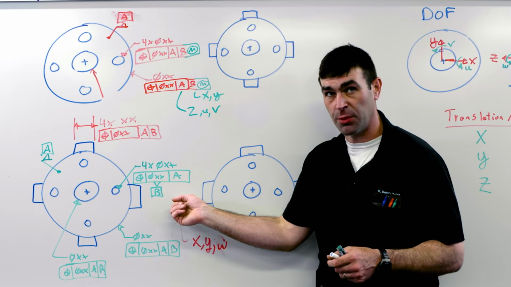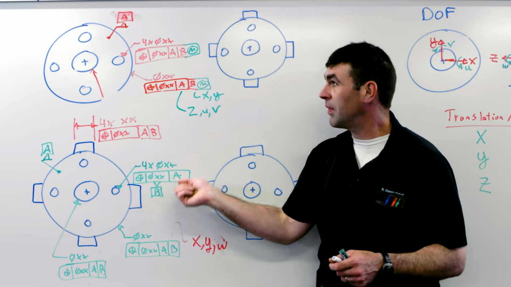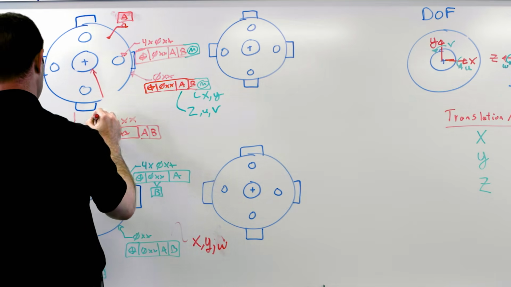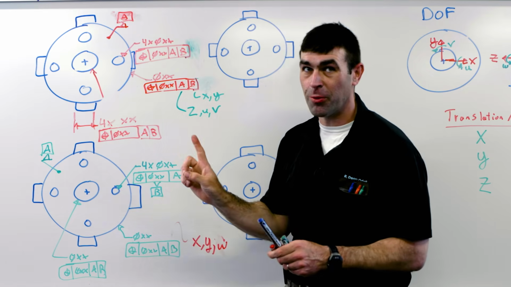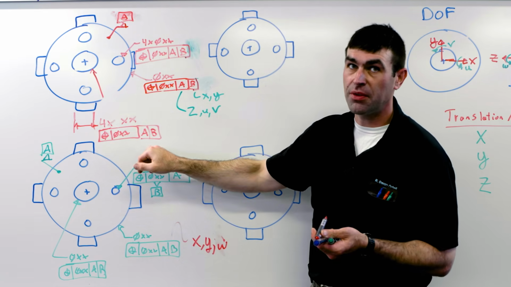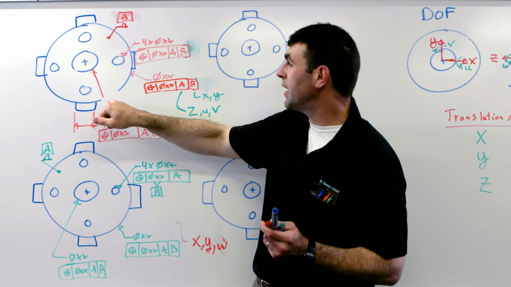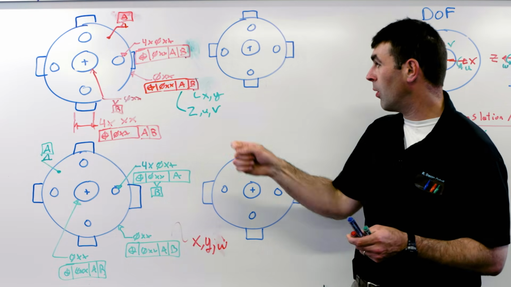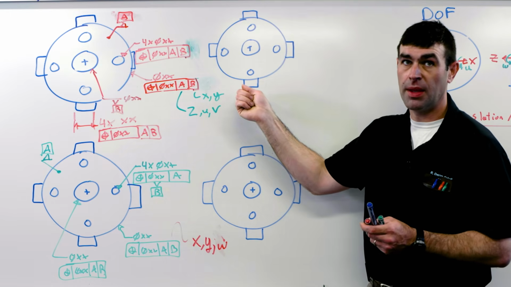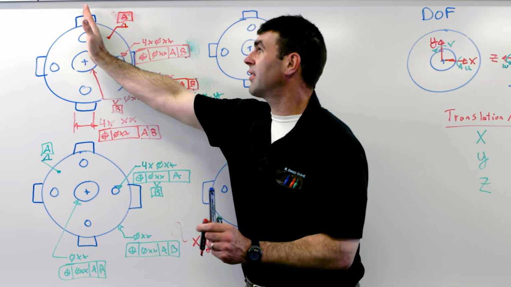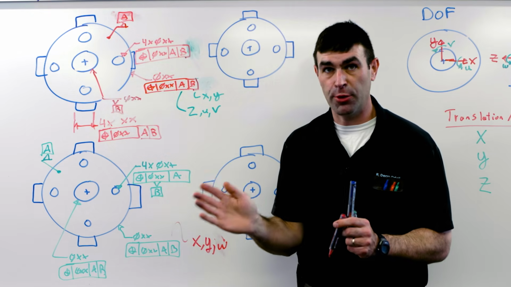Now it doesn't work as well if we do the same thing up here. So I'm going to repurpose this one as well. So we're going to do these 4 tabs to A and B, but recall here B does not control rotation. Now you might say, oh geez, well what makes these tabs and these holes line up with each other?